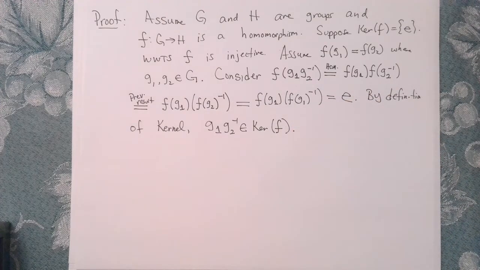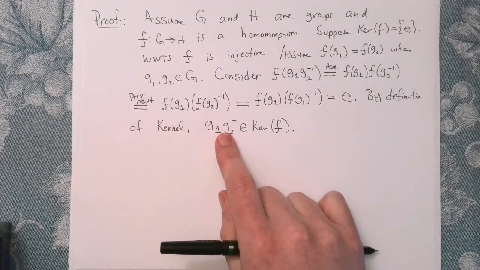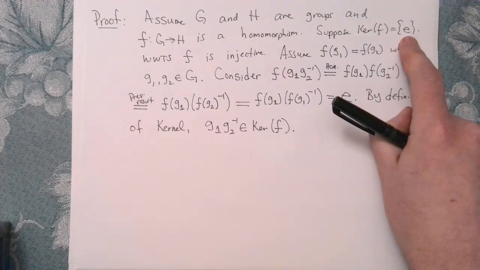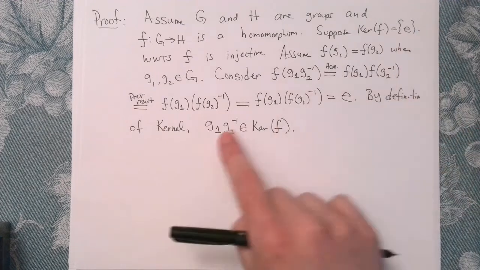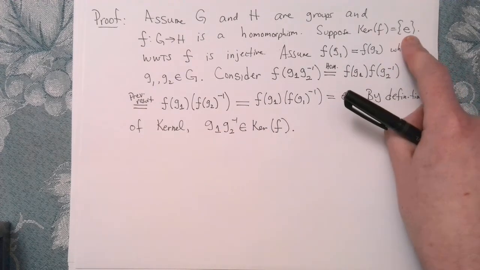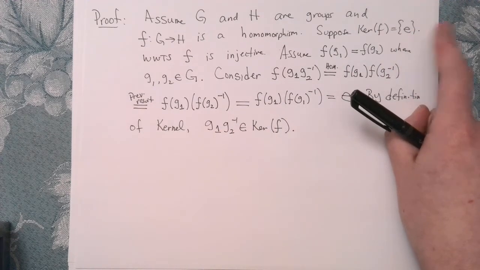Our kernel is trivial. There's only one element in there. So if that element is in the kernel, and the kernel only contains one element, then this must be equal to the identity, since again we have a trivial kernel.